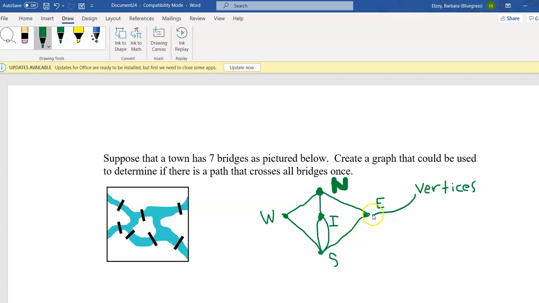So our vertices are these points, and then the lines in between are edges. So let's just get a few more definitions now that we know kind of what a graph looks like.